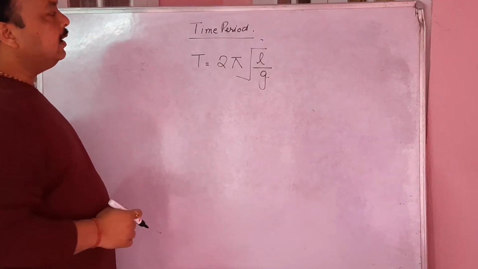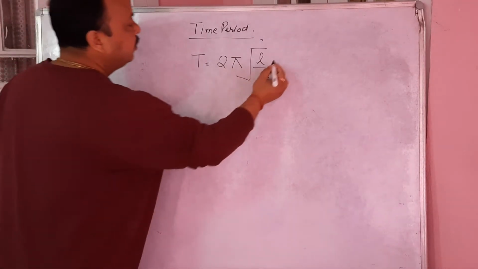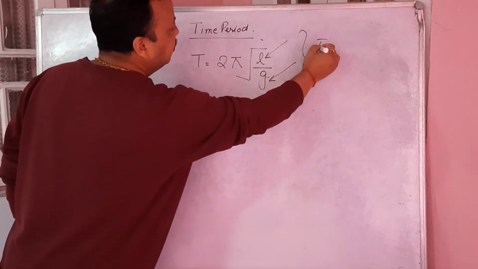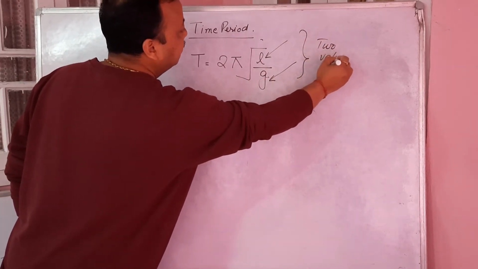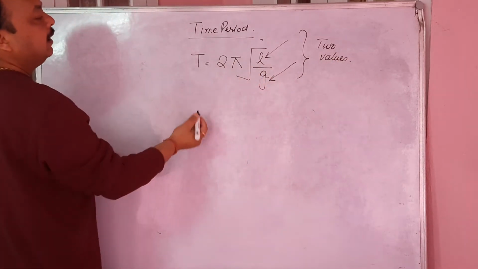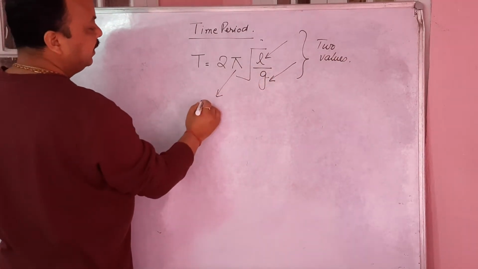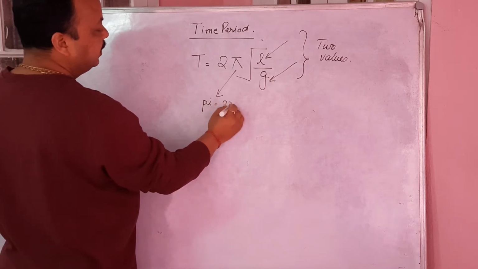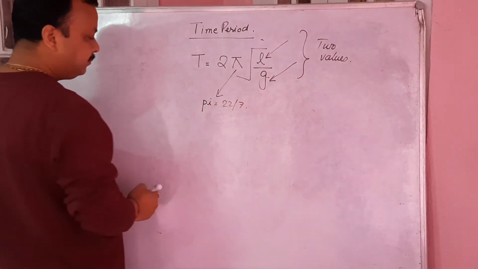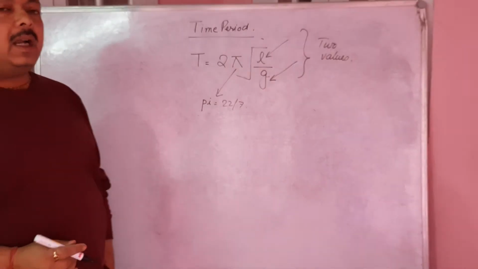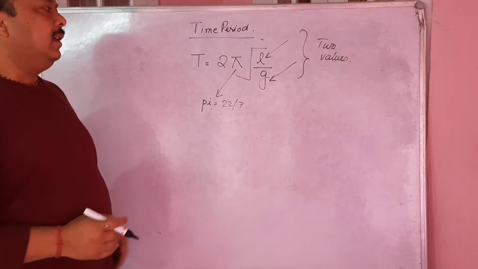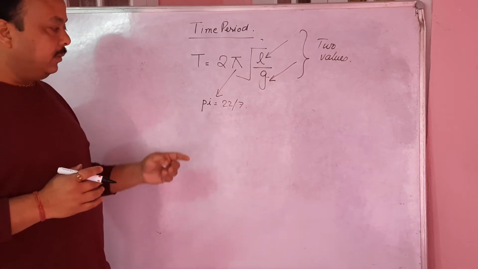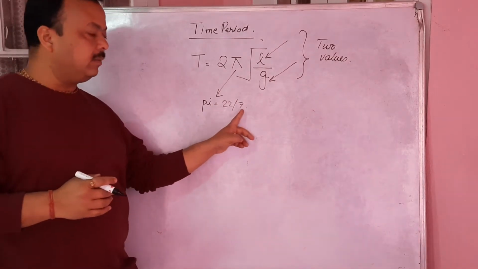In the question they have mentioned that you need to input this value and this value. So two values need to be input. Pi is given, that you can take a variable called pi and give it 22/7. But the problem is, the question is not clear, because you cannot write 22/7.